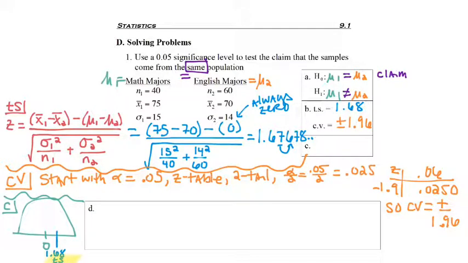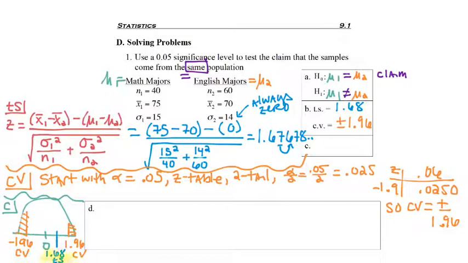And I always like to put TS, test statistic, under it, so I remember that's the one I'm comparing. My critical values are positive 1.96 and negative 1.96. And because they're my critical values, I put the CV underneath it. I've also got some color coordination to help me here. Remember, we shade from a critical value to its closest edge.